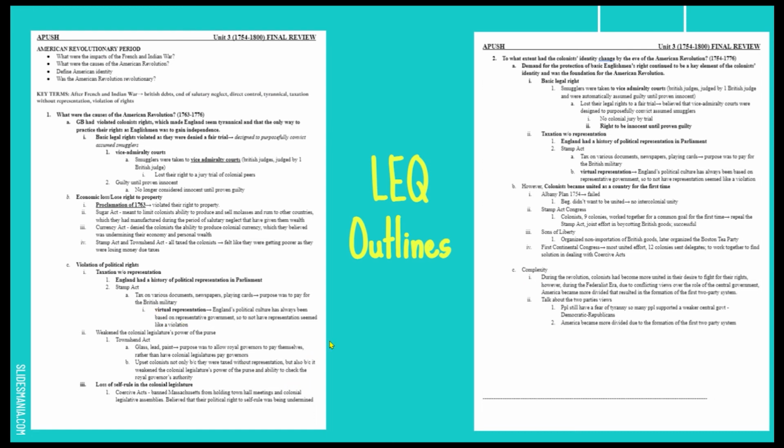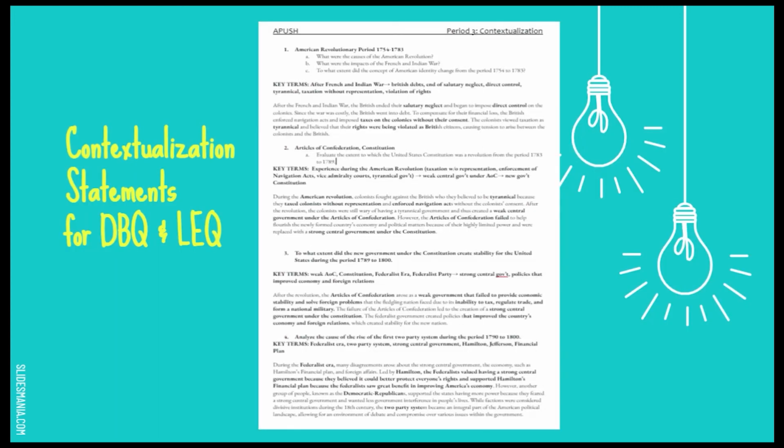There's also something called complexity requirement on the DBQ and the LEQ, and I try to provide my complexity statements also. But I do this for both world history and US history. So we do a lot of essay writing, and I provide a lot of outlines so that students just have to sit down and learn and come to class just to practice.